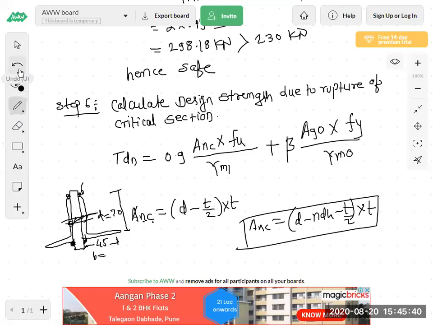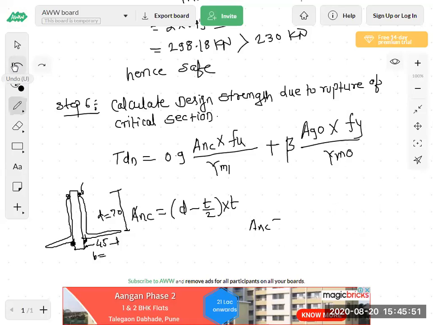But here the welded connection is there. So if a welded connection is there, we have to deduct only the average thickness. So here n into d_h will not come. Why?